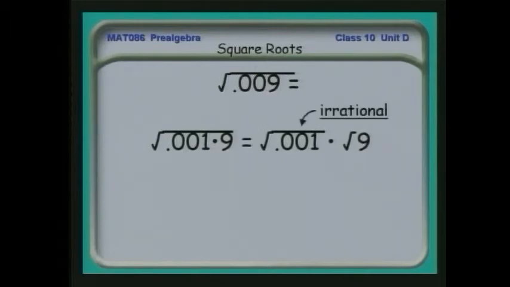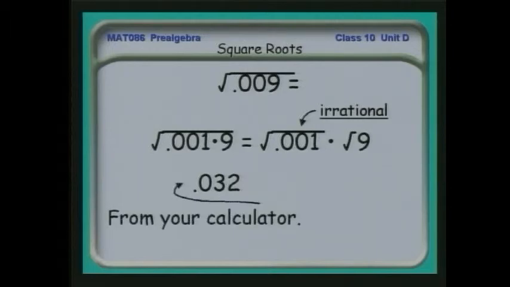What we find is we can take the square root of 9, that's 3, but there's no number that you can think of offhand that's a perfect square for the other part. You need to use your calculator. When you do that, you find to the nearest couple of places it's 0.032, and then you multiply that by 3 to get your final result.